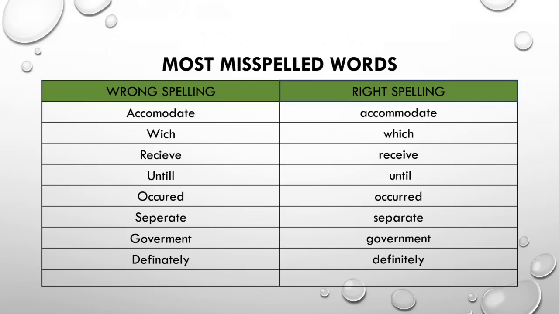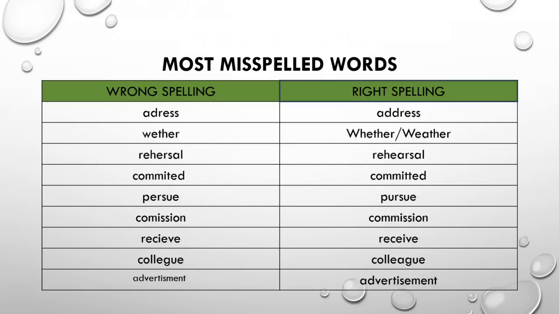Definitely is another word that is wrongly spelled. The correct spelling is DEFINITELY, and it is wrongly spelled as DEFINATELY. And the word that is normally spelled wrong is address. The correct spelling is ADDRESS.